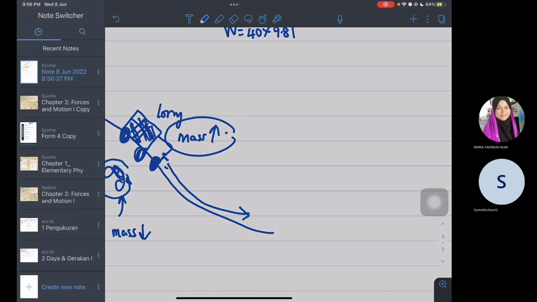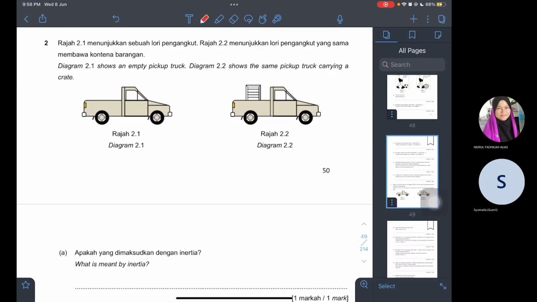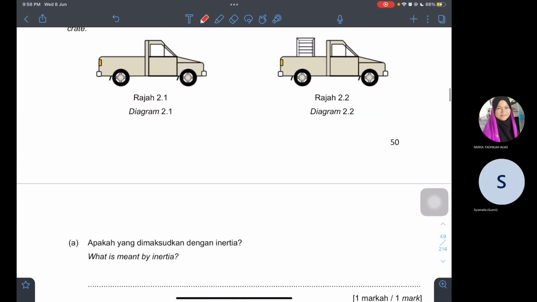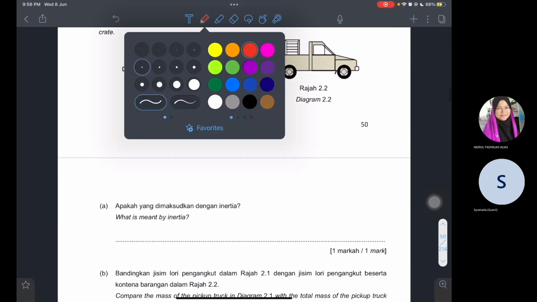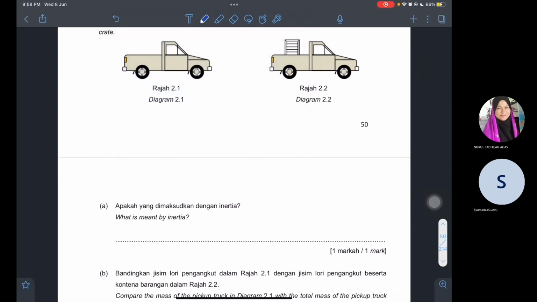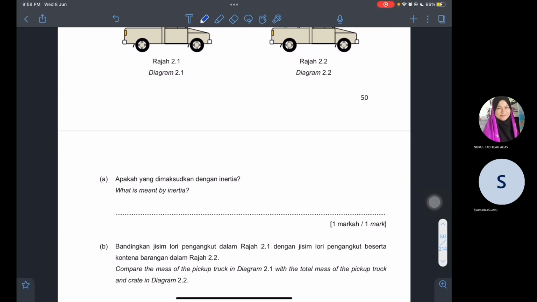So that's about inertia. Diagram 2.1 shows an empty pickup truck. Diagram 2.2 shows the same pickup truck carrying a crate. Okay. Now, what is meant by inertia? So, what's your answer tadi? Inertia tu adalah tentang tendency ataupun ability. Ability dia apa?